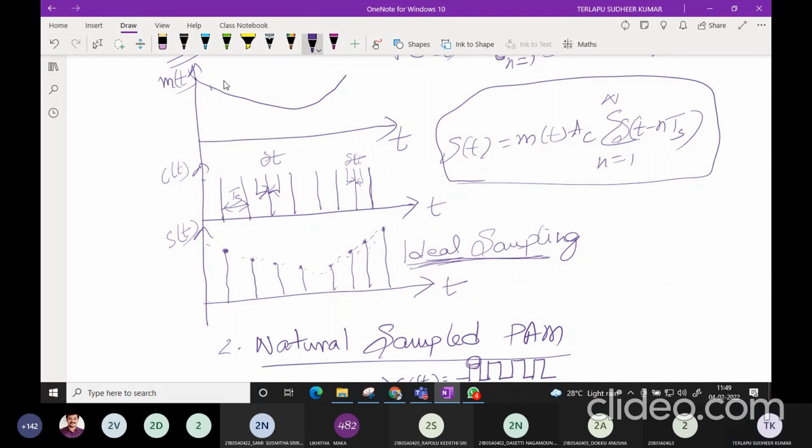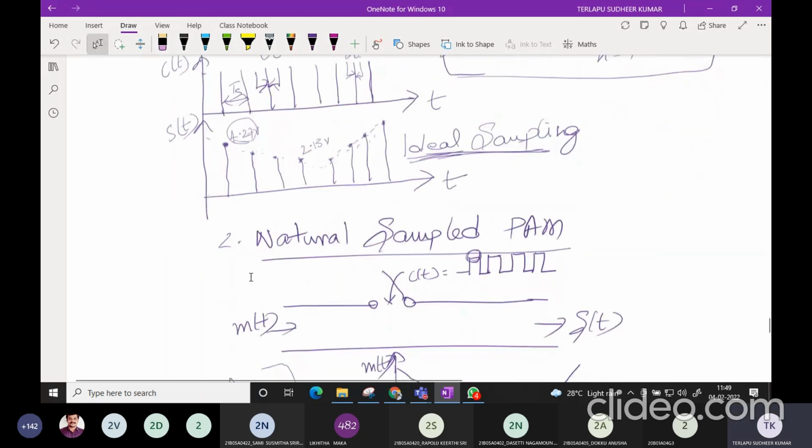Let it be, say, 4.27 volts, and this value is, say, 2.13 volts. So you take any sample value, you get a unique value in ideal sampling, because the pulse width is infinitesimally small, so I can take only one value after multiplication.